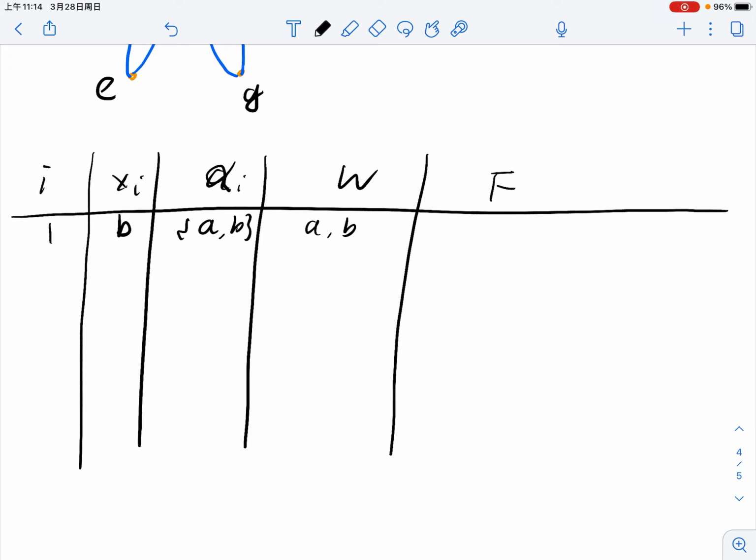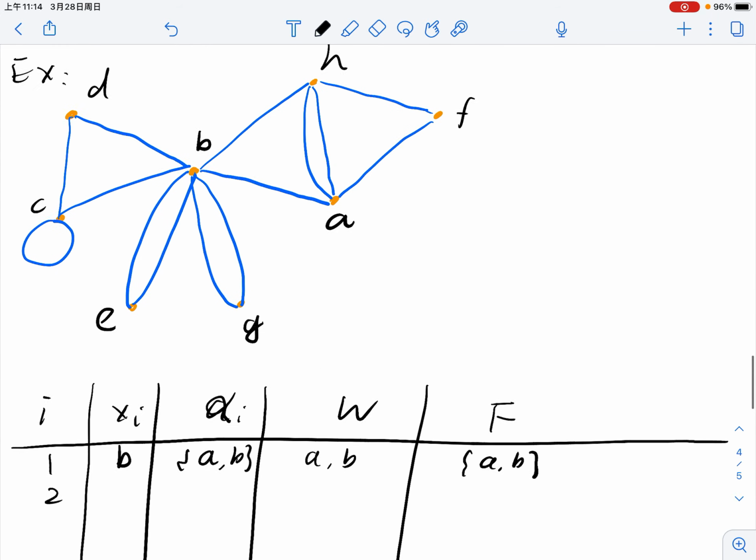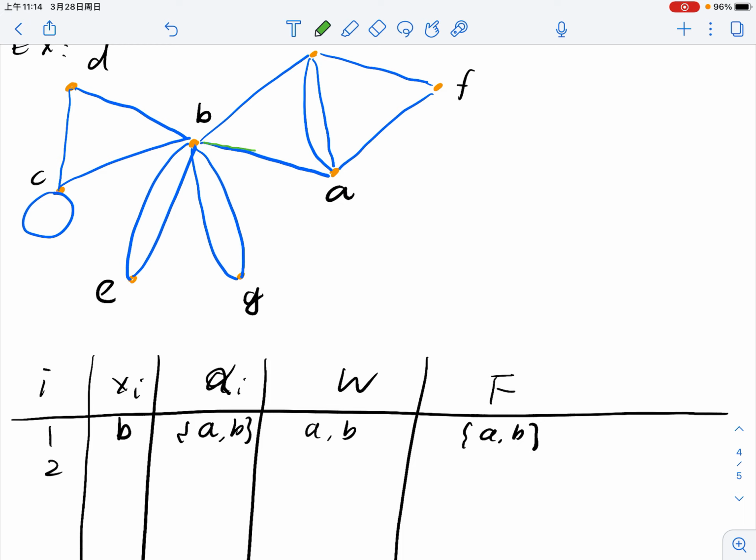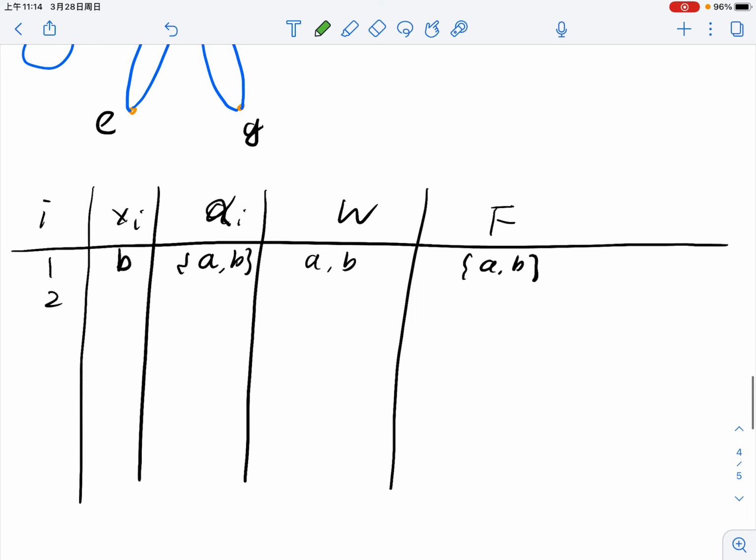Consider AB, and F is {AB}. And step 2: from B, you need to choose an edge. So let's choose this one, BC. So here you have C, and alpha 2 is BC. W is {A, B, C}, and F is {AB, BC}.